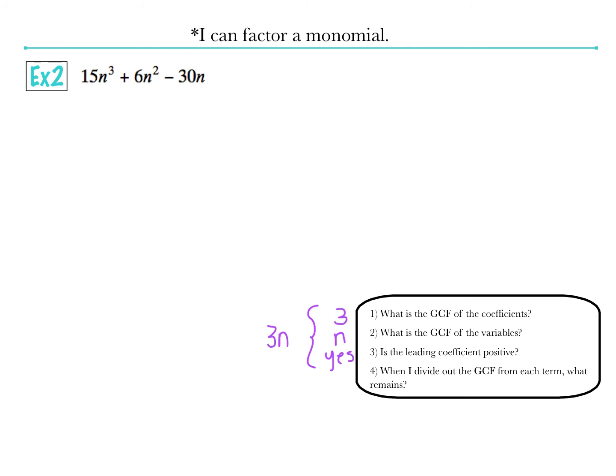So I'm going to divide out 3n from each term, because that is the common factor that was originally multiplied or distributed into the original trinomial. So what I take out goes on the outside, and so then I divide it out. So 15 divided by 3 is 5.